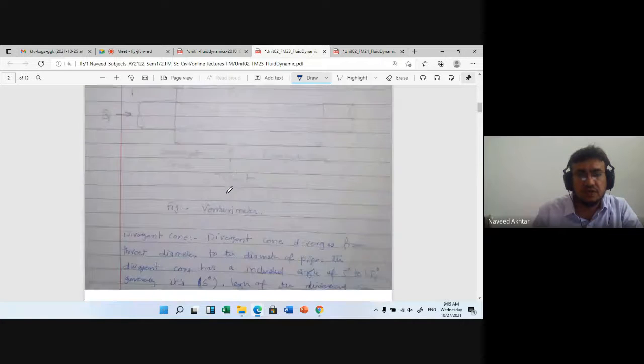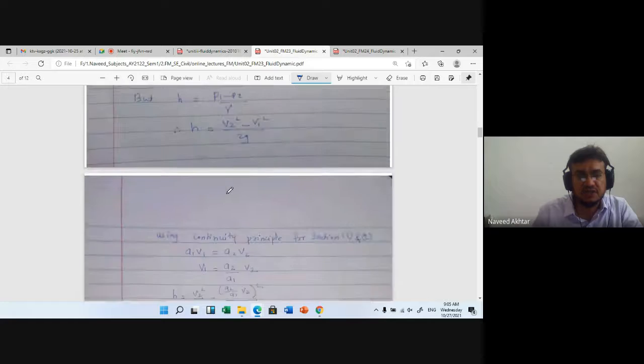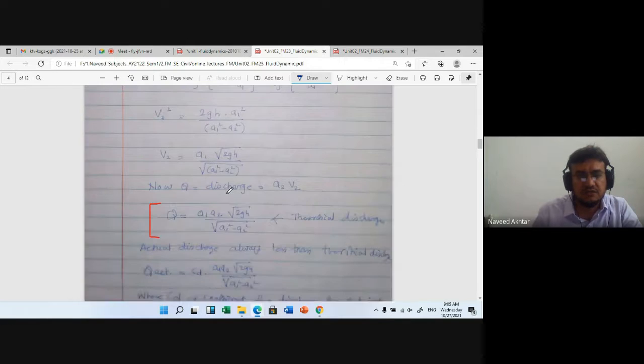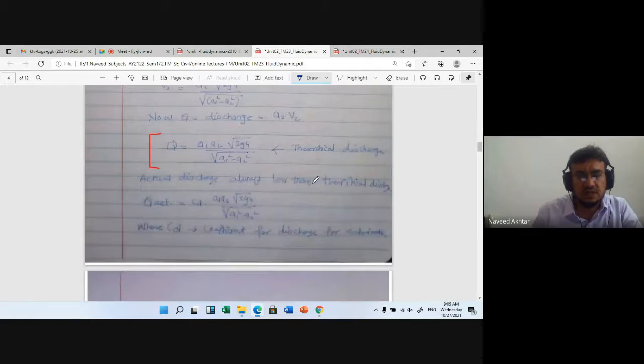Already we have covered the equation for the discharge and the equation for the velocity. The theoretical discharge is Q equal to A1 A2 under root of 2gH divided by under root of A1 square minus A2 square.